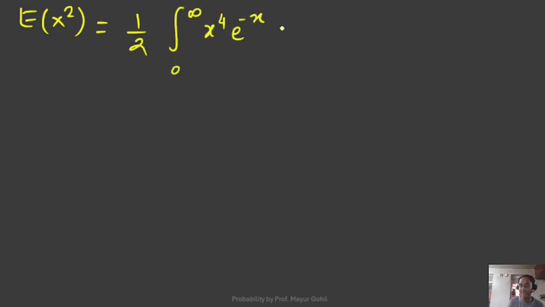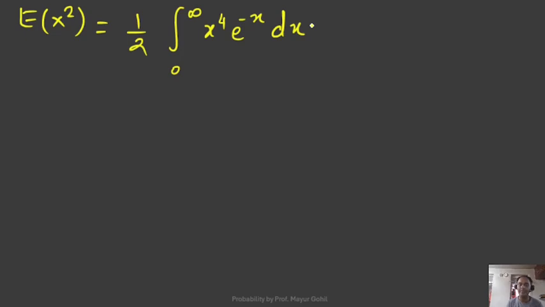Now another example, e of x square. Previously that was going a bit lengthy. If you have half into 0 to infinity x raised to 4 e raised to minus x dx, you'll go crazy solving the integration, because if you do not know the formula, it's a bit tough, and it can lead to confusion between minus and plus signs during integration and derivatives.